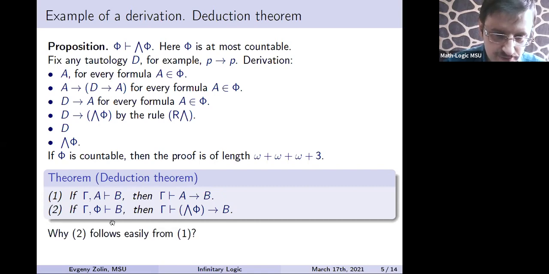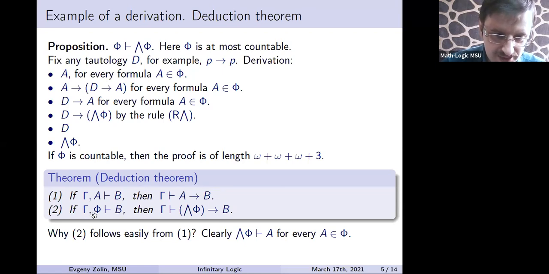Because firstly, we know that we have an axiom, conjunction phi implies A, where A is a member of phi. So therefore, using modus ponens we can derive from the formula conjunction phi this formula A. So this is a trivial fact. Now let us use it. So assume that we already know 1, how to prove 2.